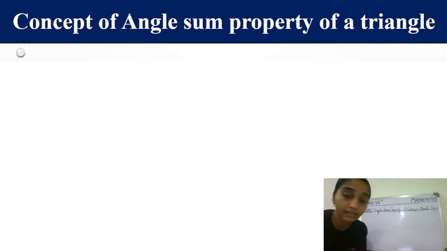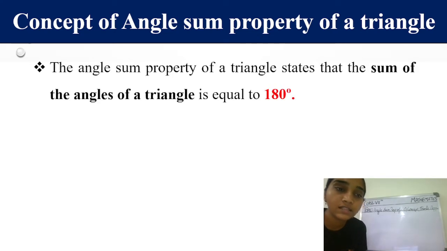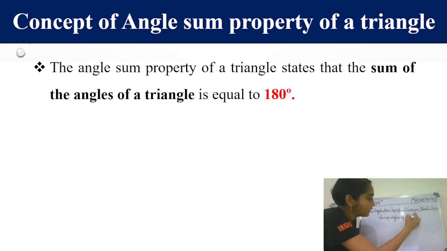There are three angles in a triangle and we take the sum of all these three angles. The property states that the sum of the angles of a triangle is equal to 180 degrees. What is the sum of all angles of a triangle? Very good. It is 180 degrees.